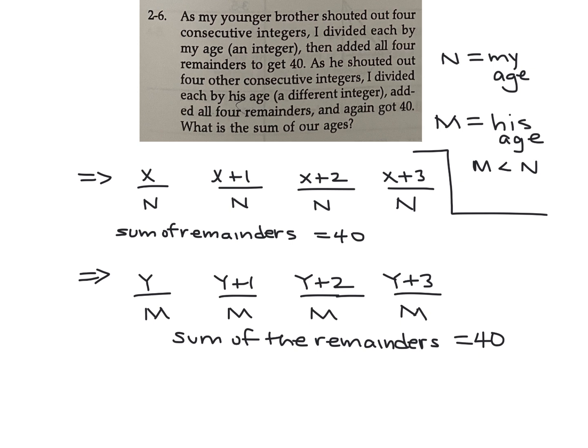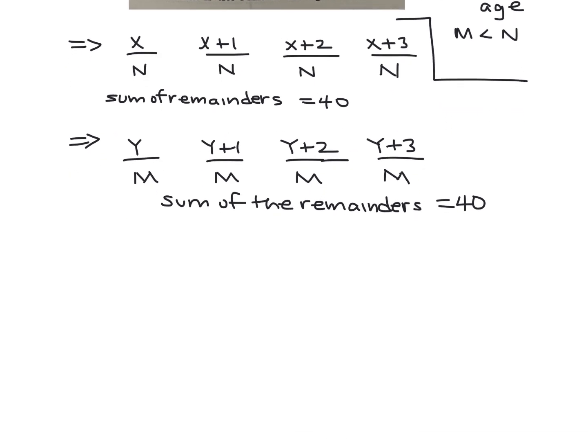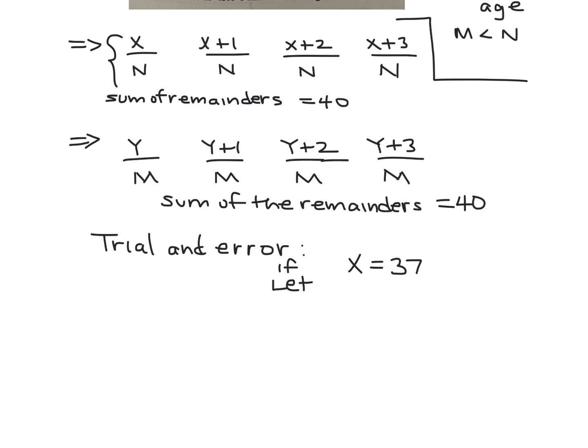Okay, so this question I think is really just trial and error. And I'll let you go through that trial and error. And when you do, you find the following. In the first scenario, if you let x equal 37 and n equal 38, the remainders will be as follows.